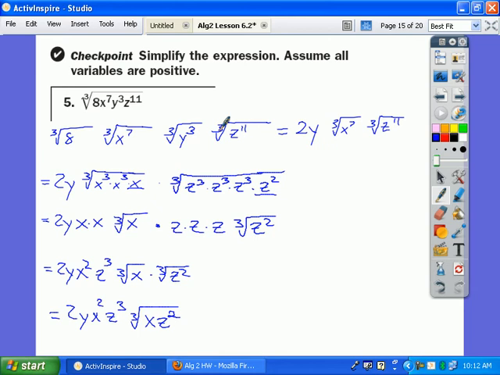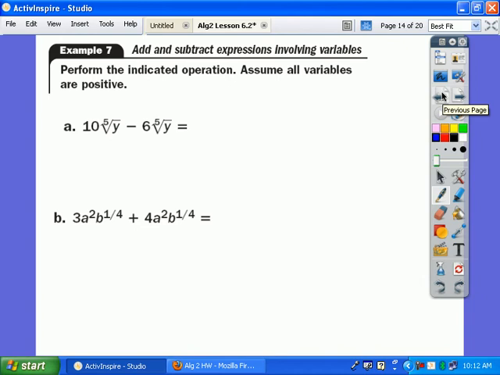Okay. All right, so there's one other idea in this section, and that's combining or adding or subtracting expressions like this that have variables in them. Again, the same rules of addition and subtraction that we saw earlier still apply. So I have to be taking the same root, and I have to have the same variable underneath.